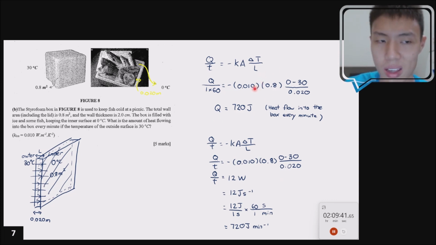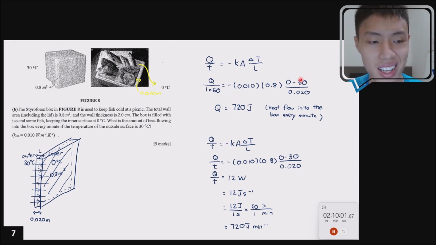Based on my understanding of the question, this one is also a reasonable answer. This one is per minute, this one is for 1 minute. They are the same thing. Just that this one you calculate per minute how much heat flow, this one is for 1 minute how much heat flow. Okay, I'll leave both here. Not sure what the answer is. As I say, I just do it the way every student would do it.